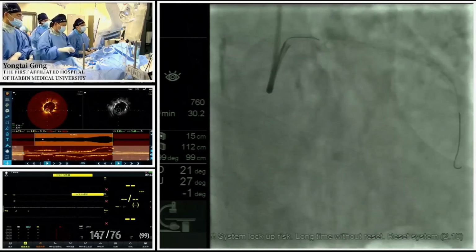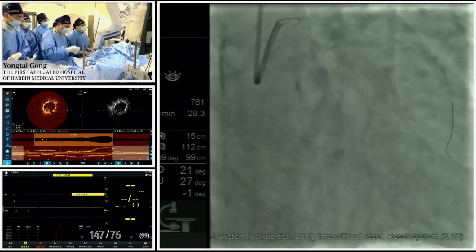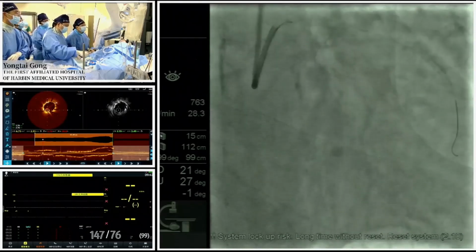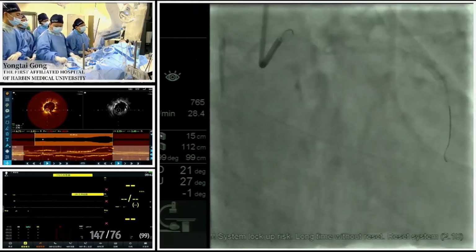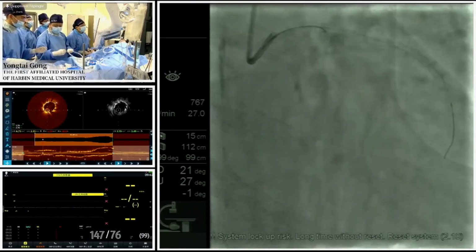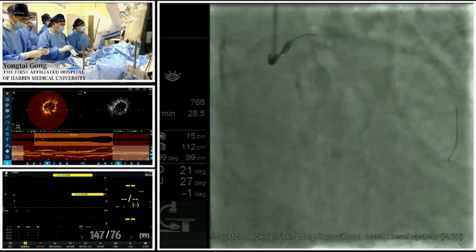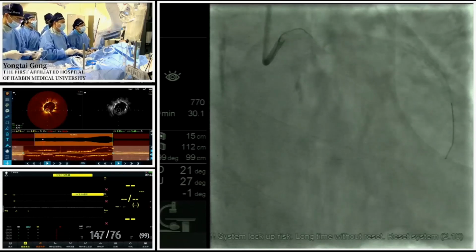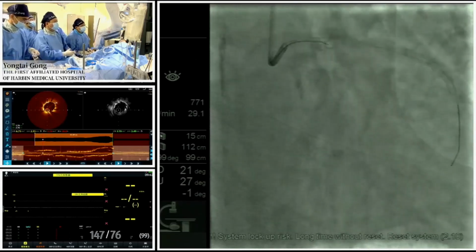KBI involves the inflation of two non-compliant balloons. One is in the main branch, just like the LAD, and the other is in the side branch, the LCX, whose proximal parts are lined in the proximal main branch, just like in the left main.